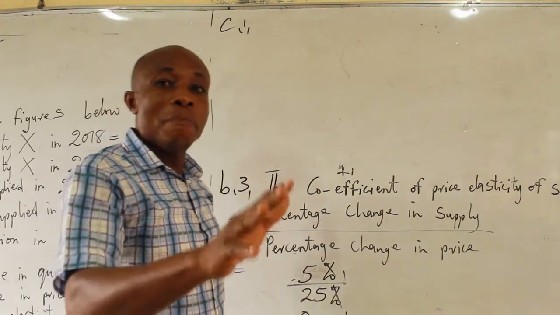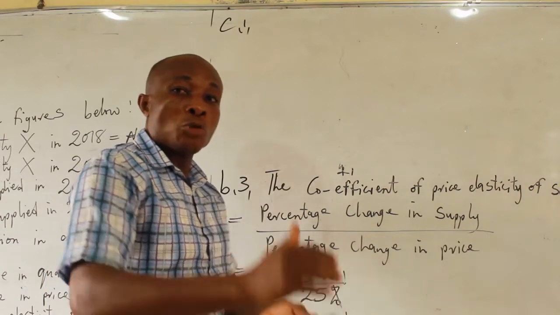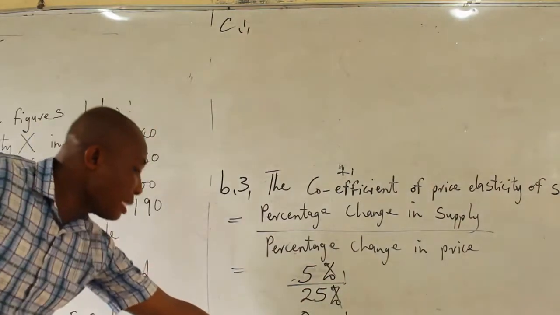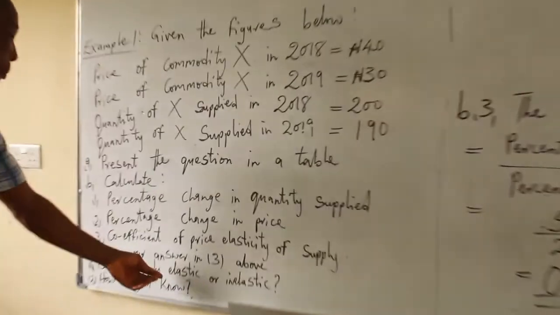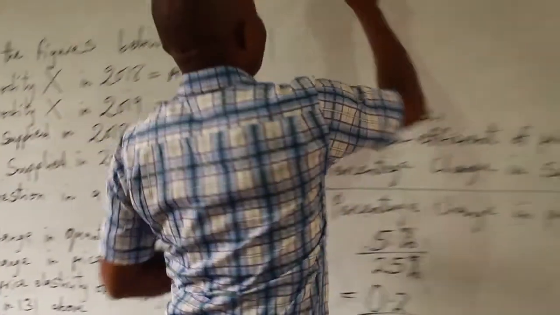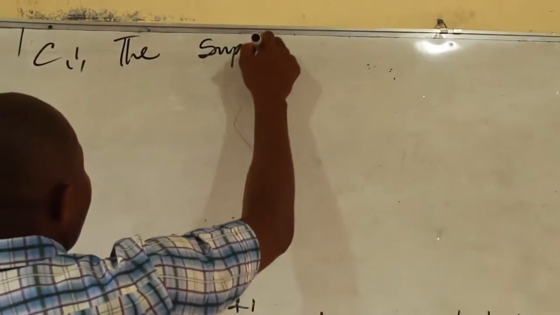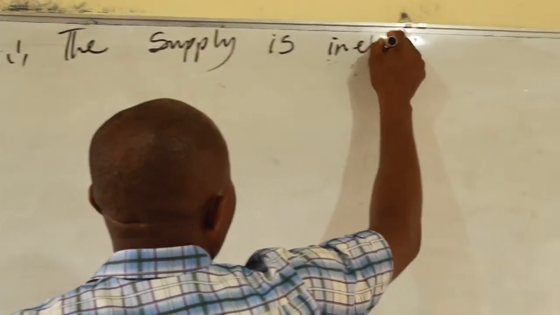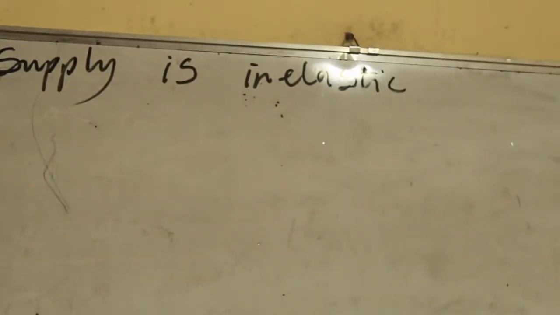And if it is below 1, that means from 0.1 to 0.9, it is inelastic. And from our answer, which is 0.2, that means the supply is inelastic.